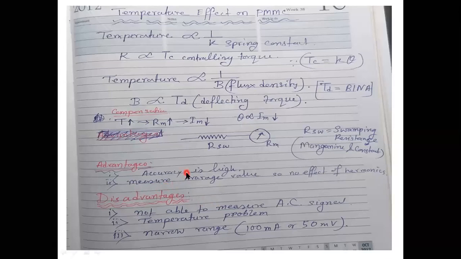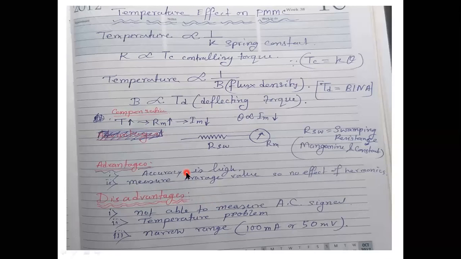Its accuracy level is very high. So in most cases when our engineers calibrate any other instrument, we generally use the PMMC meter, because the accuracy level of this meter is very high compared to the MI instrument or any other instrument. This is the main advantage.